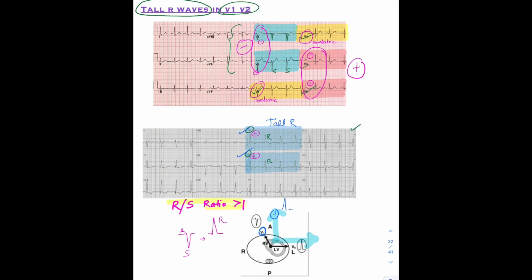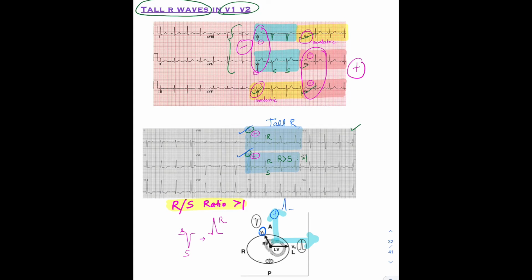So in other words, you'll see that the RS ratio will be more than 1 in leads V1 and V2. So if you carefully look, these are the R waves and these are going to be the S waves. So you'll see that the R waves are taller than the S waves, therefore the ratio is more than 1.